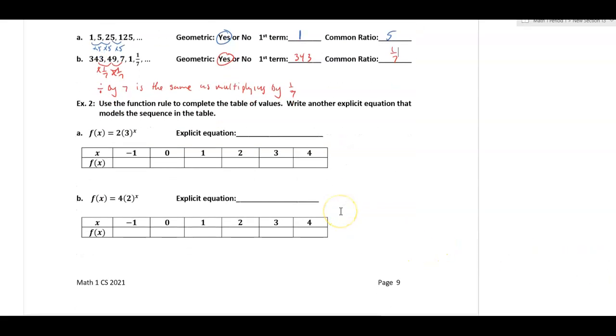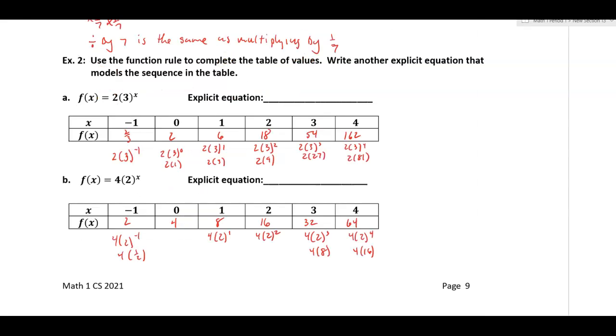Okay. So now, in example 2, they want you to fill out the table. Okay, so I'm going to go ahead and fill out both tables here for you. So what I basically did is input all the x values and got the output y values here. Okay, so what I want you to notice is, where does this number come from? Well, if you look at the table now that it's filled out, what is the common ratio here?